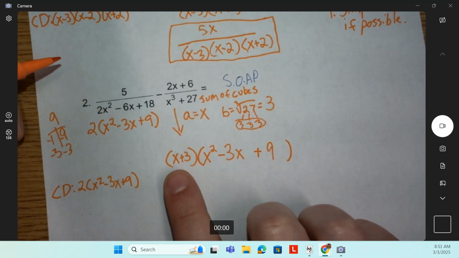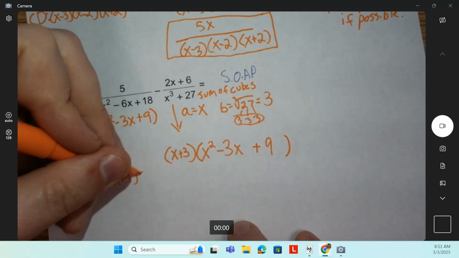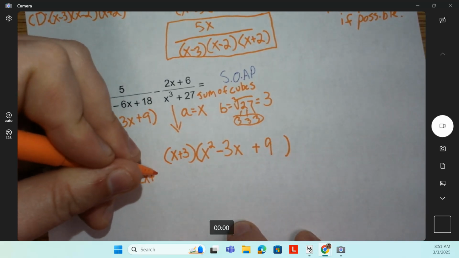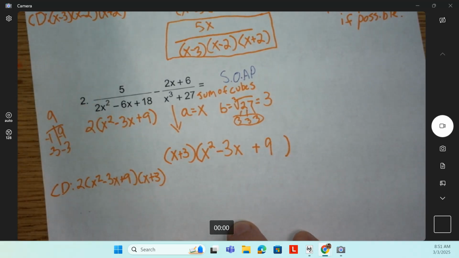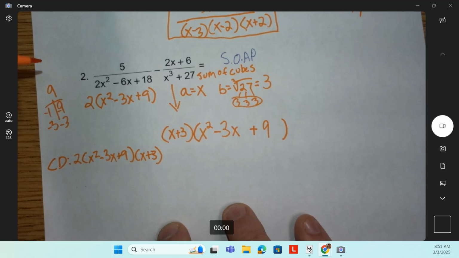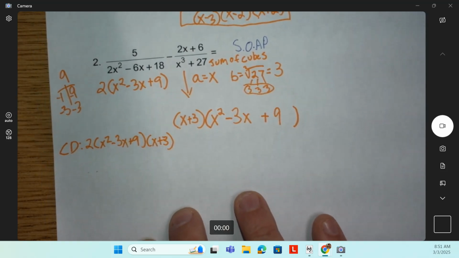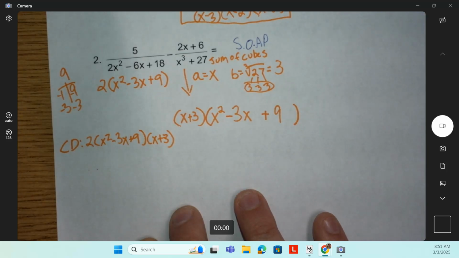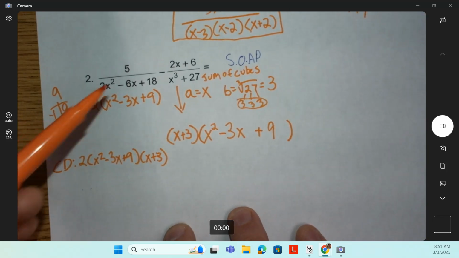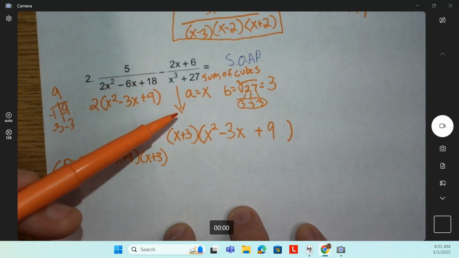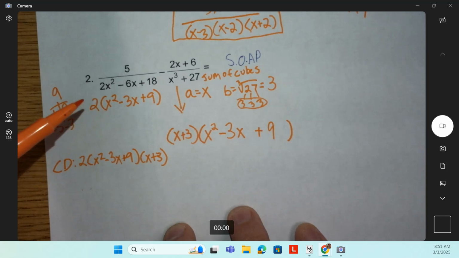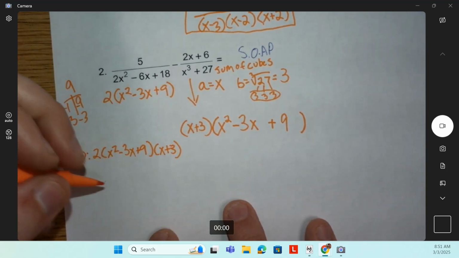The only thing I'm missing is this x plus 3. And so that means my first fraction here is going to have an x plus 3 multiplied into it. My second one is going to have this 2 multiplied into it.